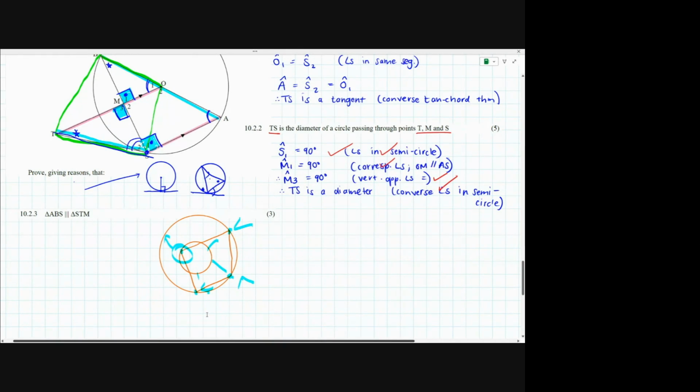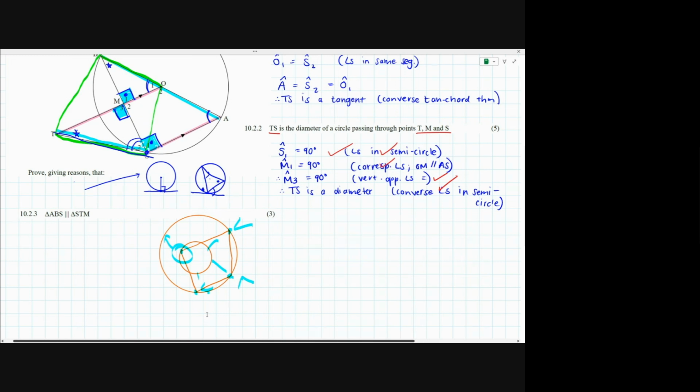Okay. So, ma'am, if we were to ever stumble across something like this, let's say they ask, is ABCD a cyclic quad? Would such a question maybe be 2 marks, where you just need to explain that one of the vertices is not on the circumference?